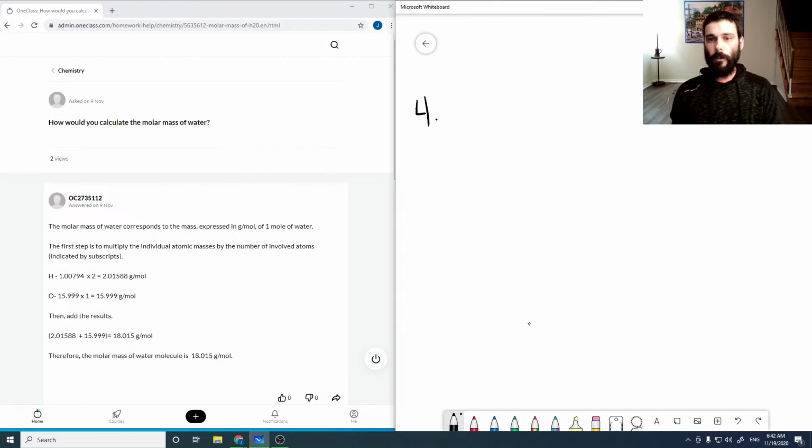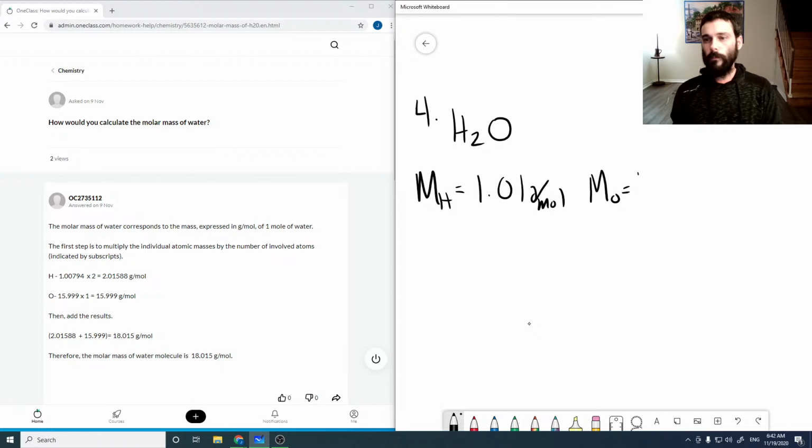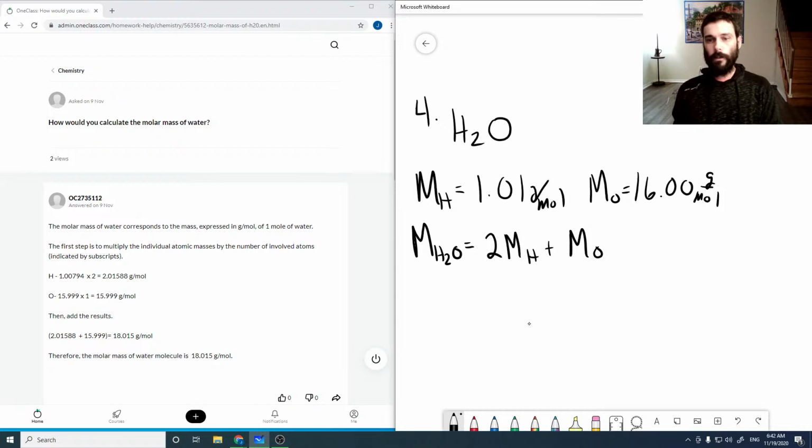So for the molar mass of water, we have 1.01, and oxygen is 16. So then the molar mass of H2O is just 2 times that of hydrogen plus that for oxygen.